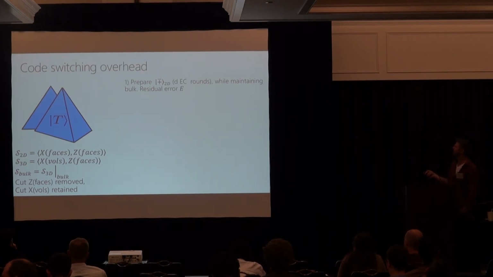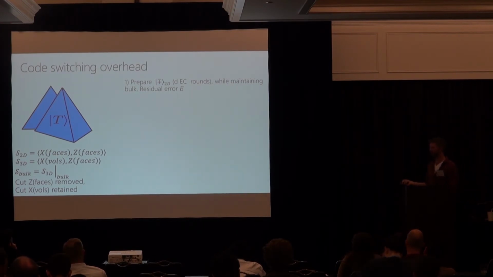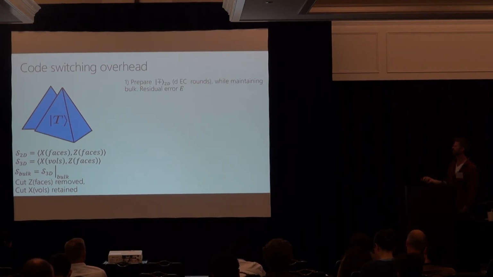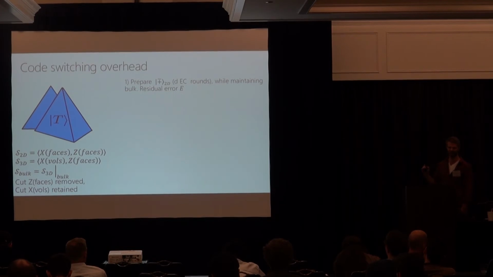So I want to go into a little bit more detail about this switching procedure. In order to reliably do this with noise, you have to first prepare the plus state, and that will take d rounds of error correction to ensure that you've got a reliable state.